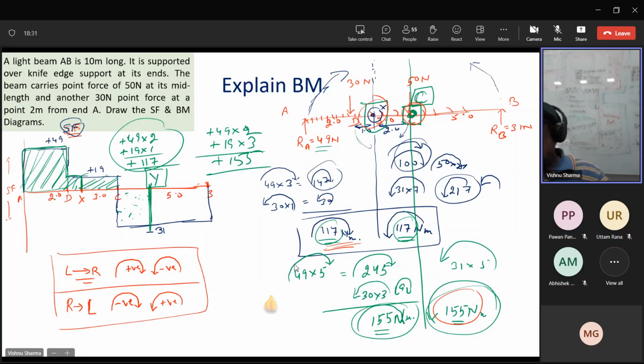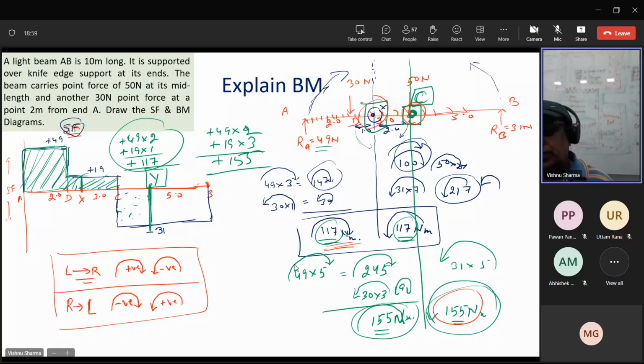These two examples through X and C, are you convinced that whatever we were calculating can be more conveniently obtained from the SF diagram? Yes or no? Do you agree? We got plus 117 at X, plus 155 at C, which is much more convenient than fighting with the levers. Yes or no? Yes, sir.